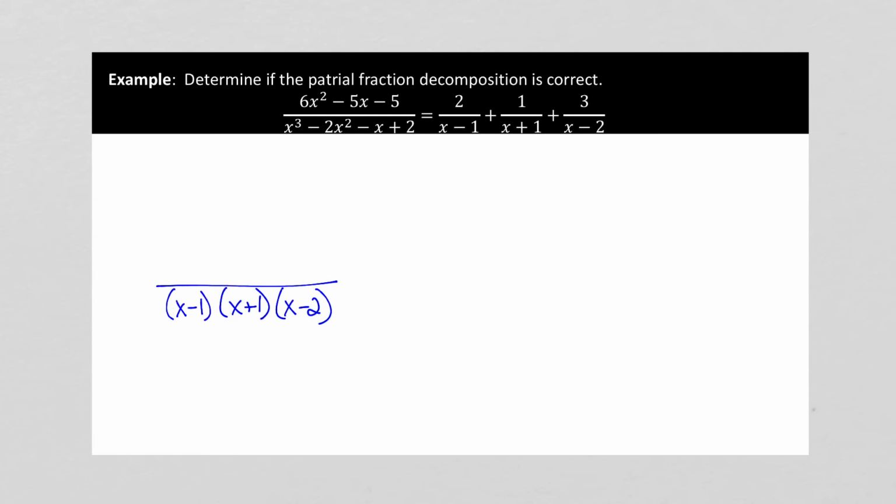So how are we going to get there? Well, if we have 2 over x minus 1, what do we need to multiply that by to get x minus 1 times x plus 1 times x minus 2 on the bottom? Well, we've already got x minus 1 on the bottom here, so we need to multiply by x plus 1 and x minus 2. But if we multiply the bottom by that, we have to multiply the top by the same thing.